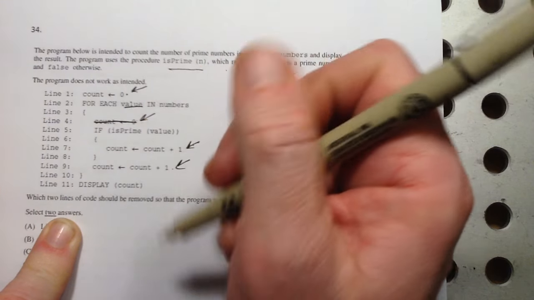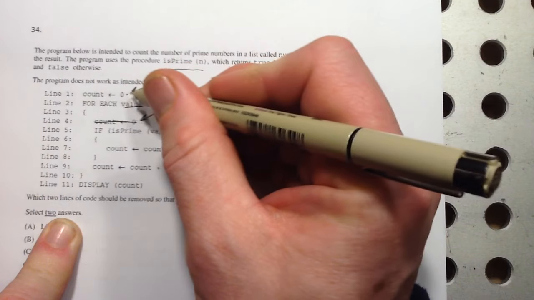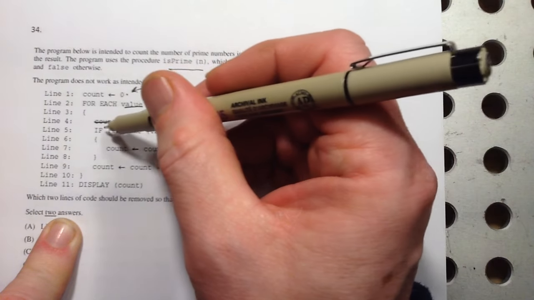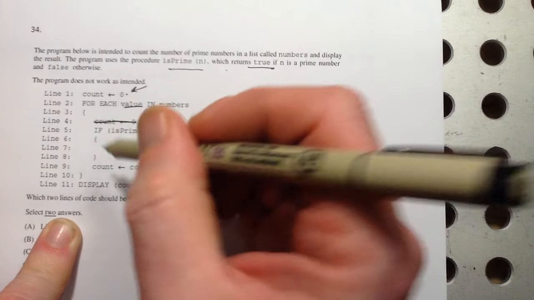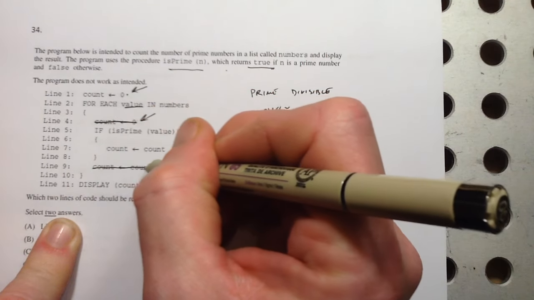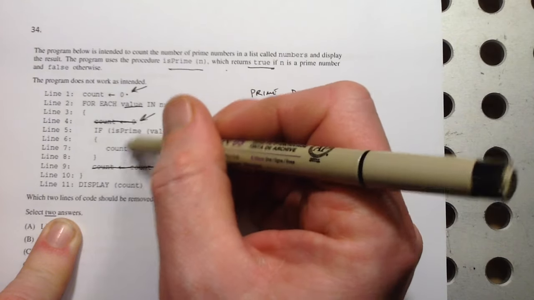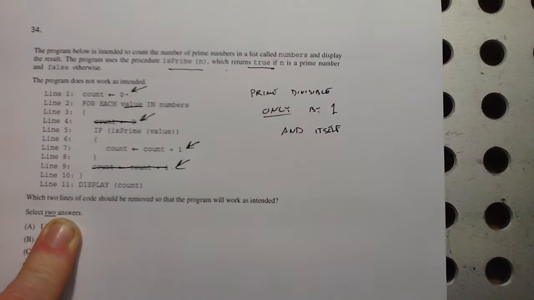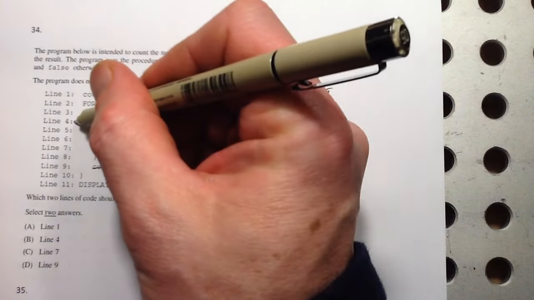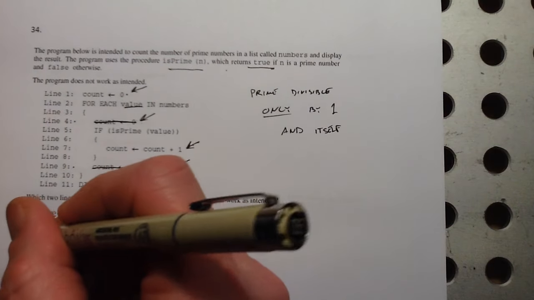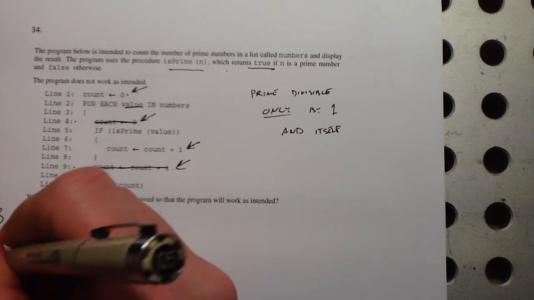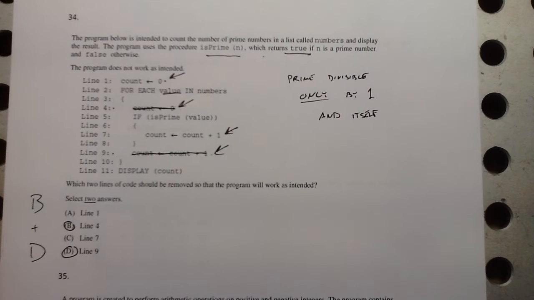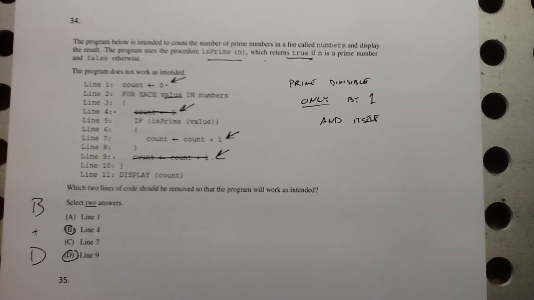So that needs to be outside the loop. And if isPrime, then we want to increment the count by 1, but we don't want to increment it outside the loop, because if it's not prime, then we don't want to do that. So we want to get rid of lines 4 and 9. So B and D are the correct answers.